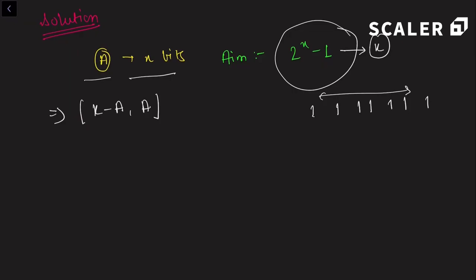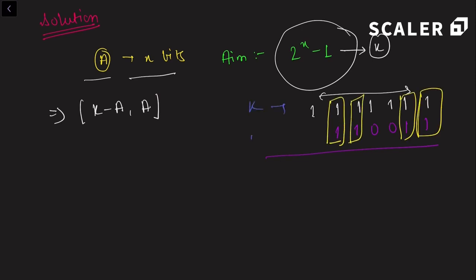Okay, we have some structure which has all the bits as 1, and if I subtract a from it, then one thing that we can notice here is wherever we have 1 in our a, I'll get a 0 there, right? So this one is k and this one is a, and if I try to subtract them, wherever I have 1 in a, I'll have 0 in my answer.